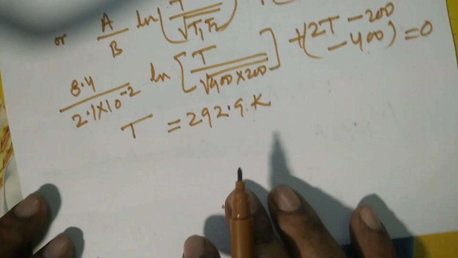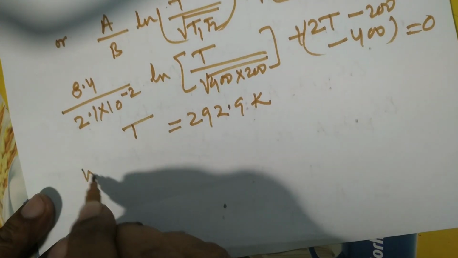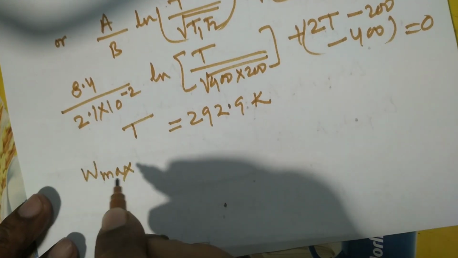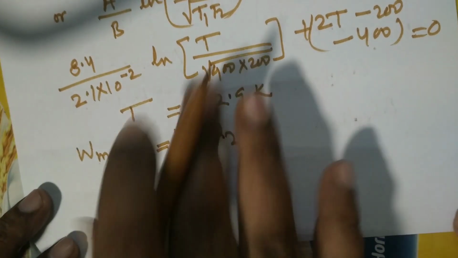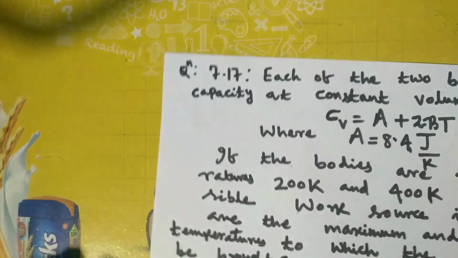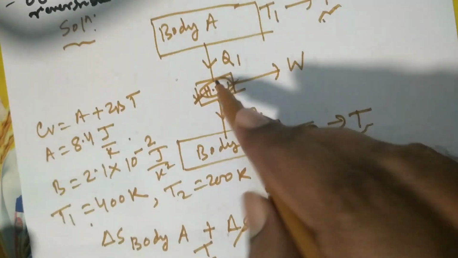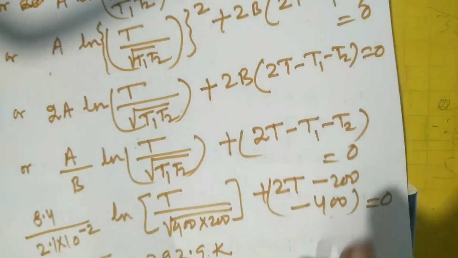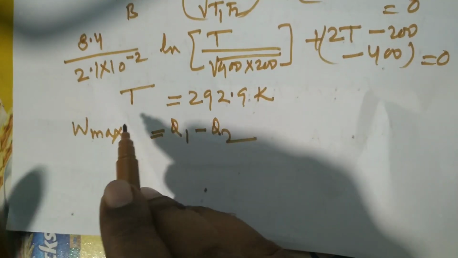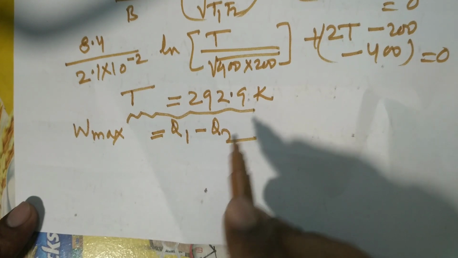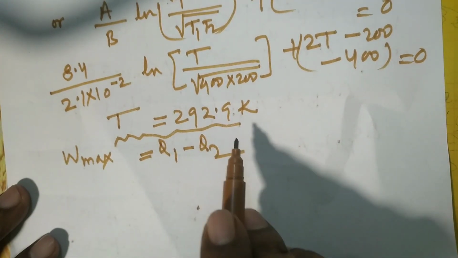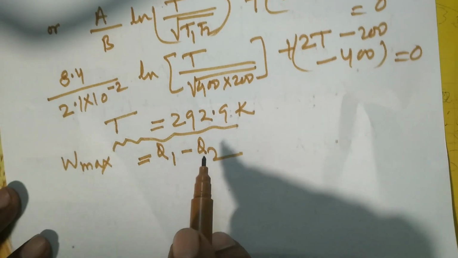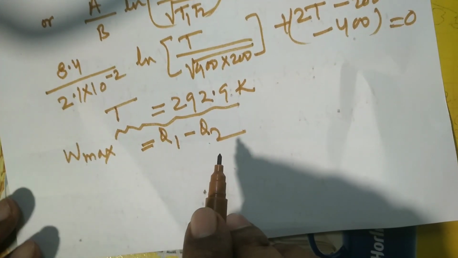If you want to calculate W max, it can be calculated like Q1 minus Q2. Q1 and Q2 can be calculated once you are able to find out the temperature T. We have already calculated the value of T, so we can calculate Q1 and Q2.